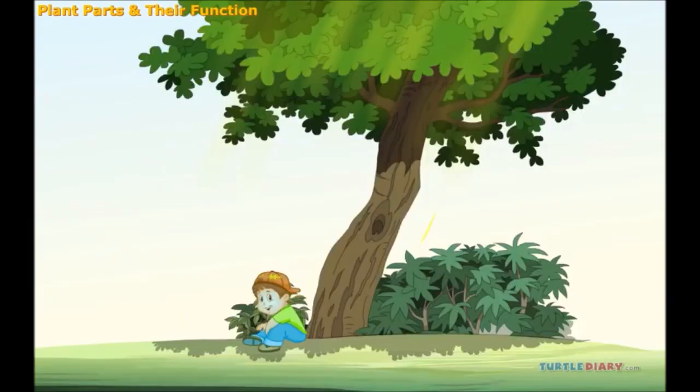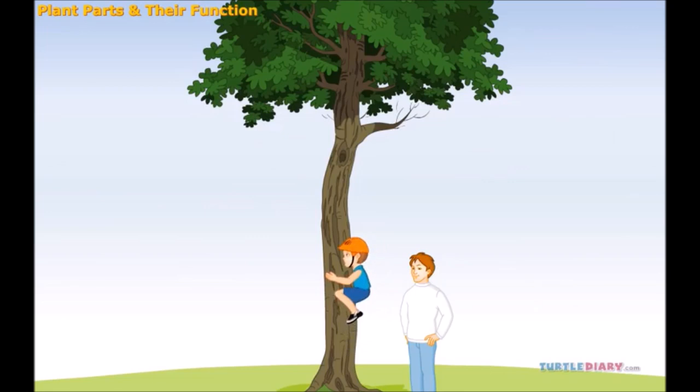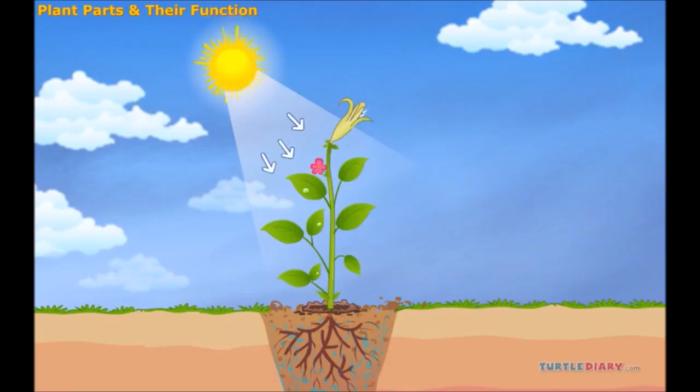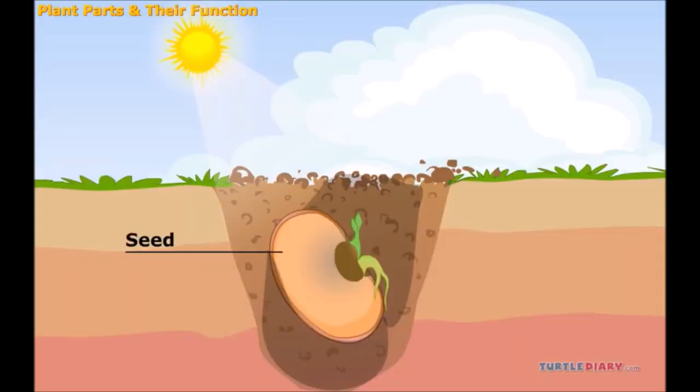Trees give us shade that keeps us cool on a hot day. We use trees for exercise when we climb them to play. Most plants grow in the ground. They begin as a seed. The seed opens up to a budding plant.